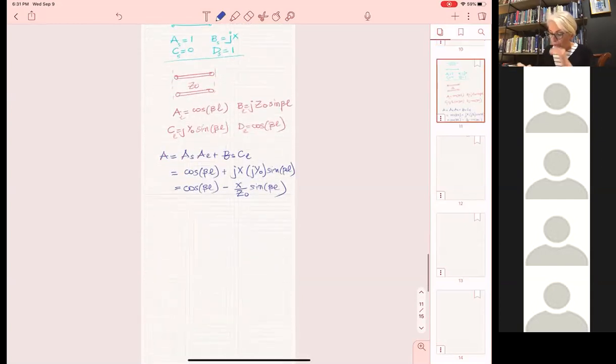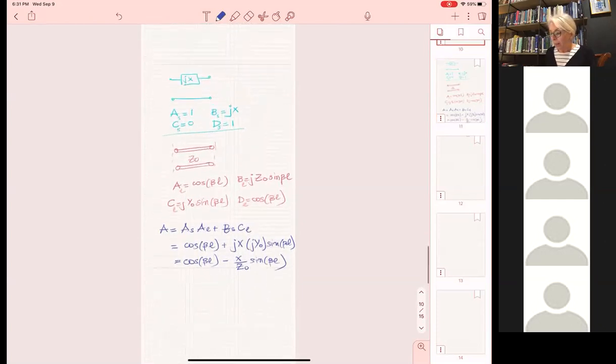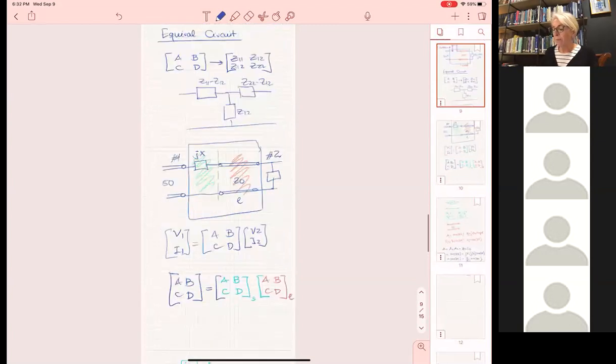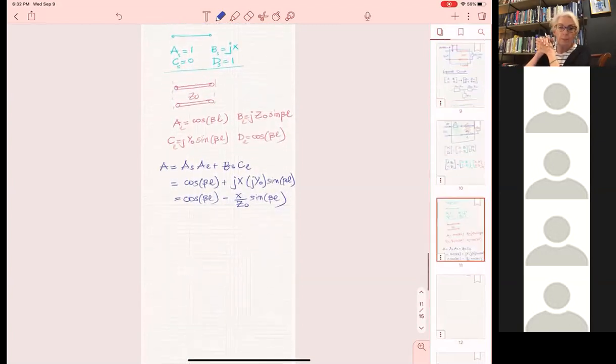And after you find all of the A, B, C, and D, you apply the formula I gave you up here to find the Z matrix, and then from there the equivalent circuit.